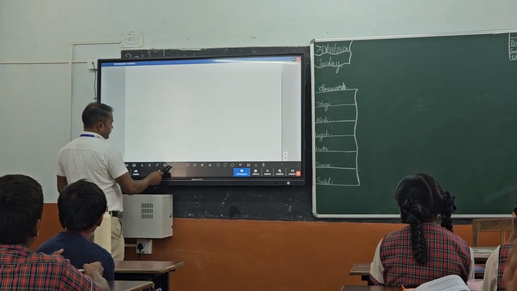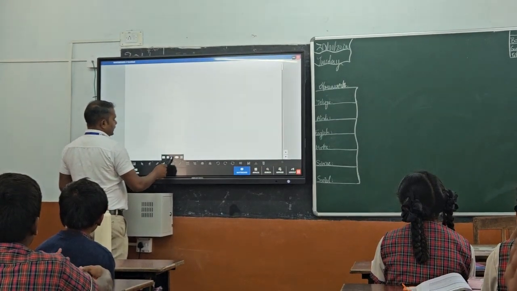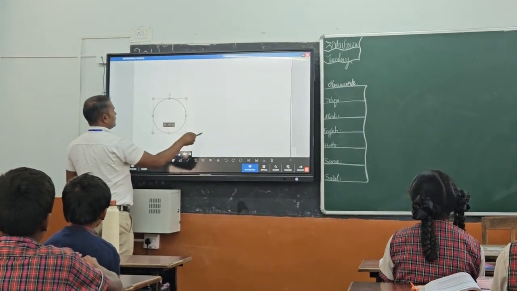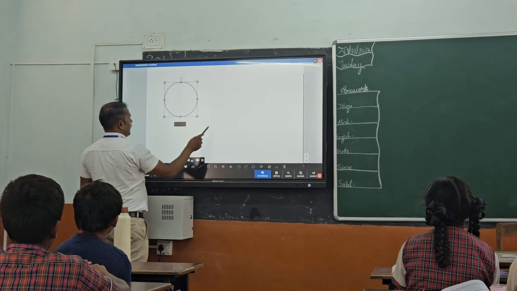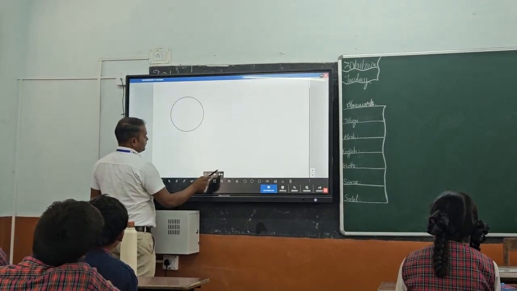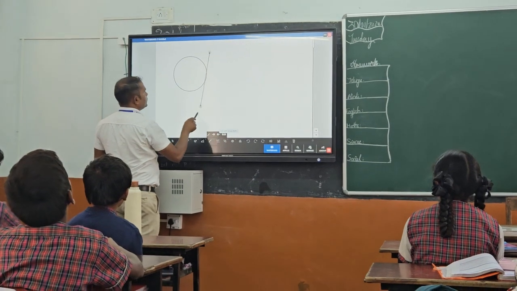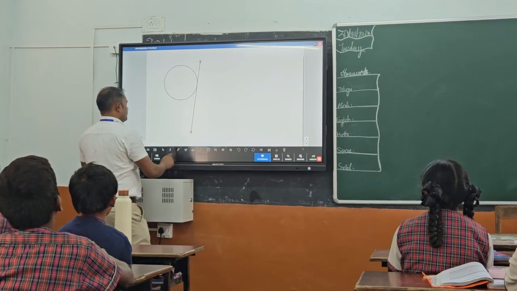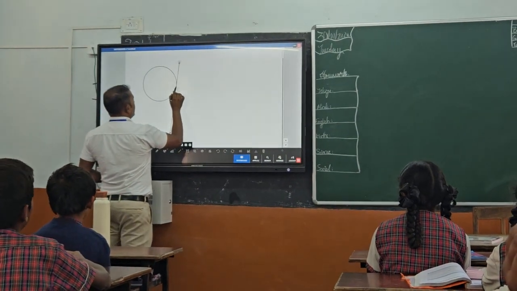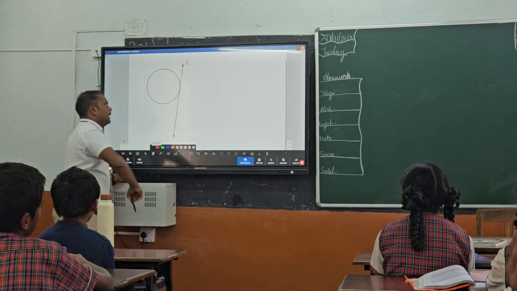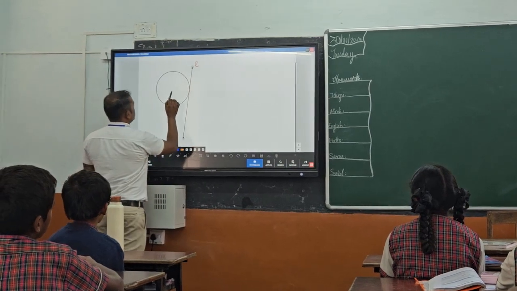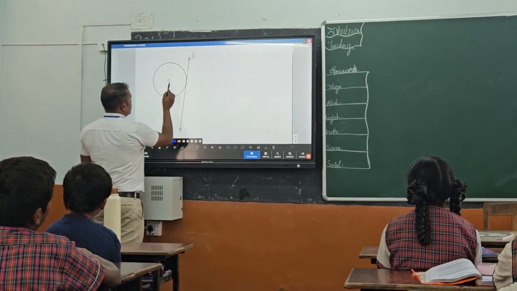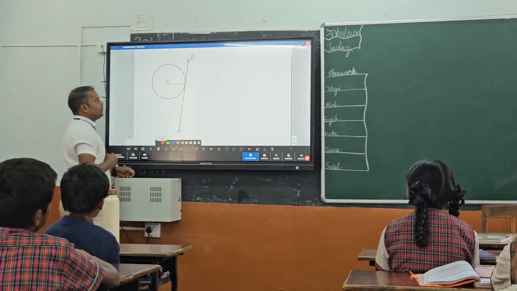Any tangent, if you take a circle and draw a tangent line, where is the tangent here? Right side. Yes. So this line, suppose a line L, is tangent to the circle. Let's suppose this is the center of the circle O. From the center of the circle to the tangent point, this is called what?